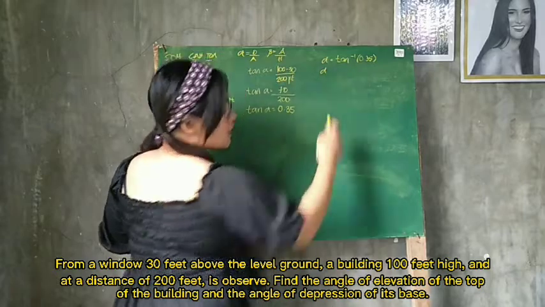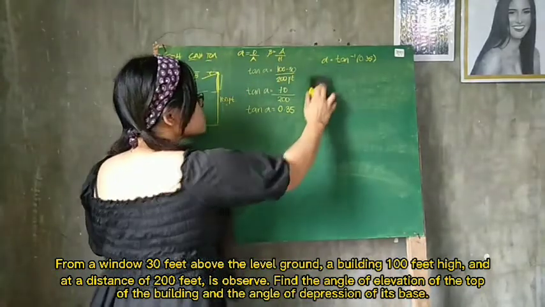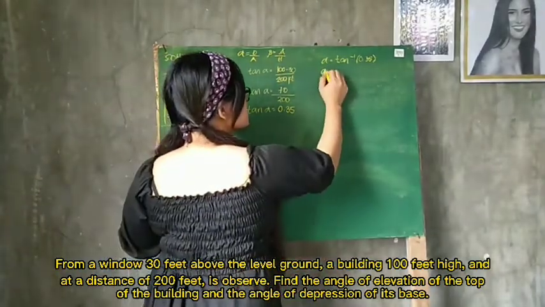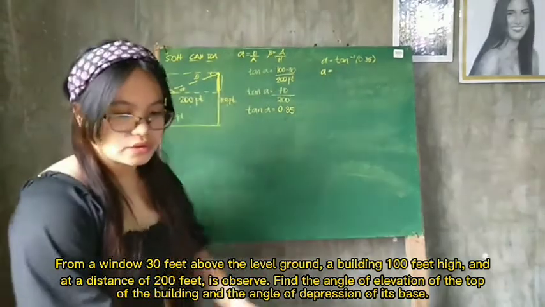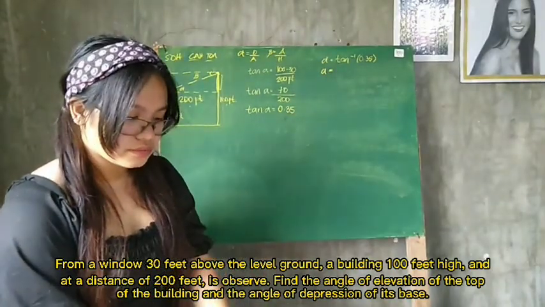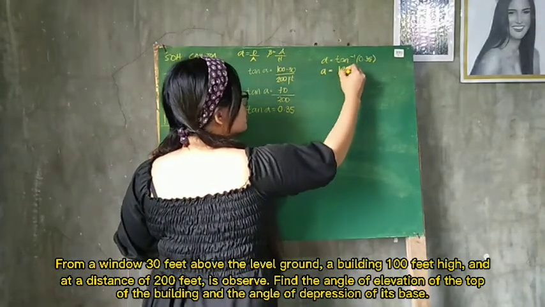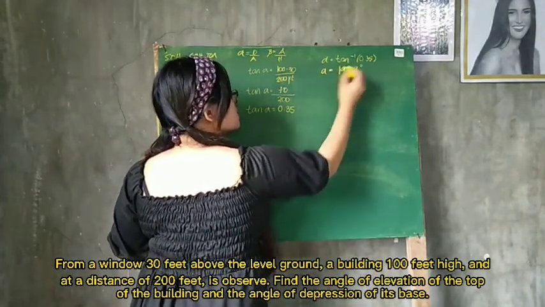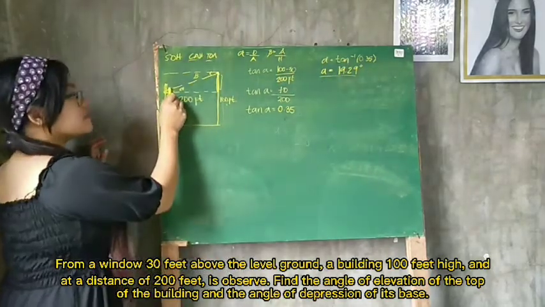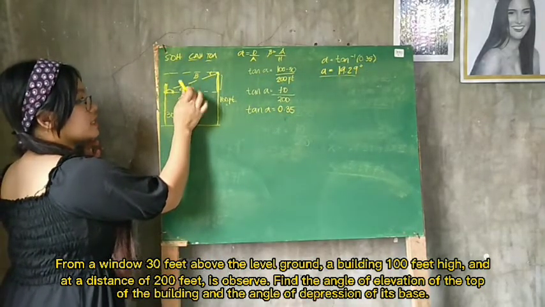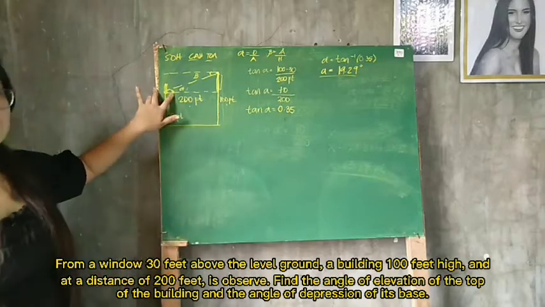So the angle alpha is equal to 19.29 degrees. So the angle of elevation is 19.29 degrees, this angle.